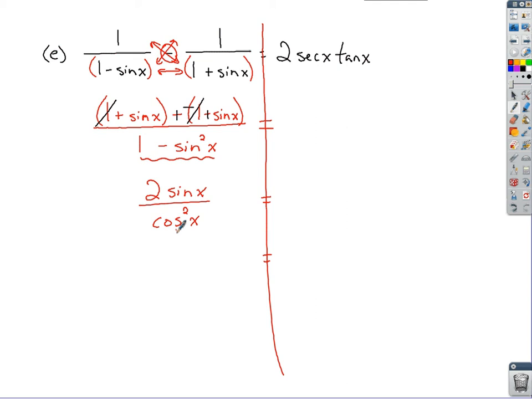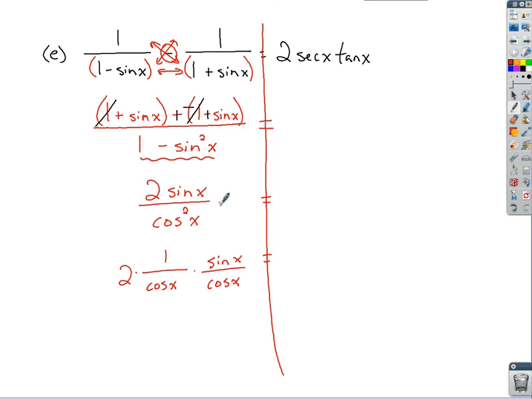If I break this up, 2 times 1 over cosine of x times sine of x over cosine of x. Right? If I multiply all this out, I get right back up to this step. That's how I can check and confirm that this is true what I'm doing.